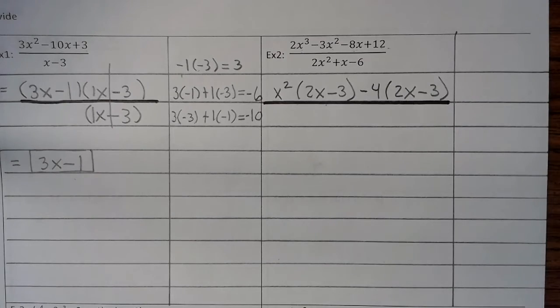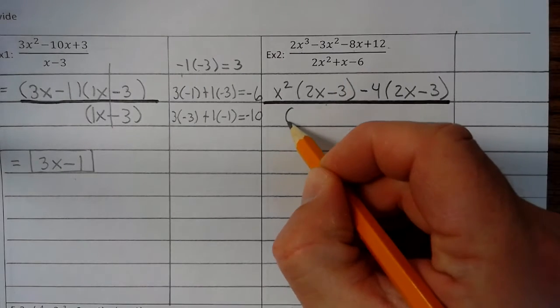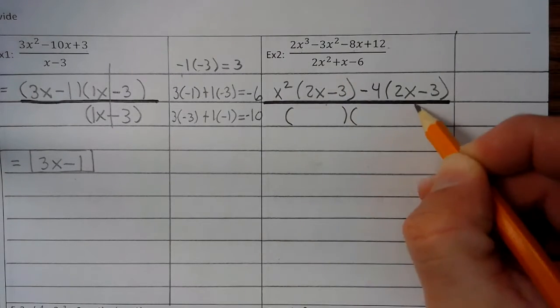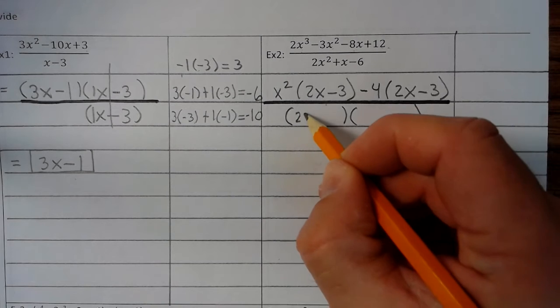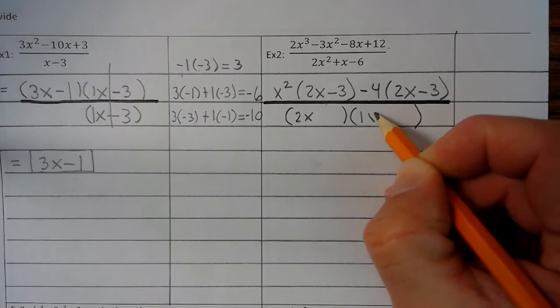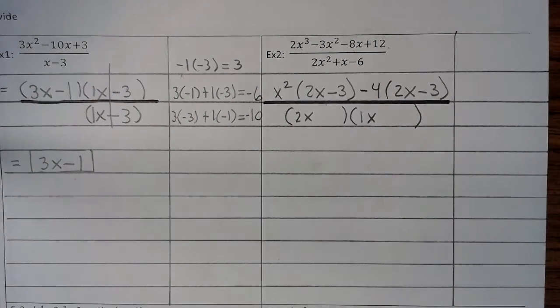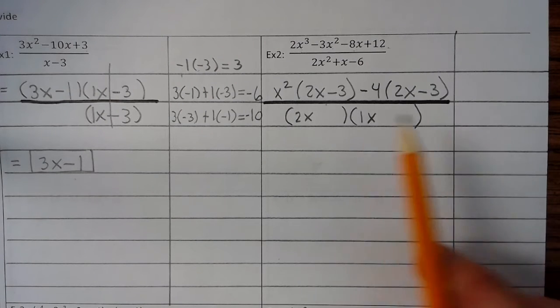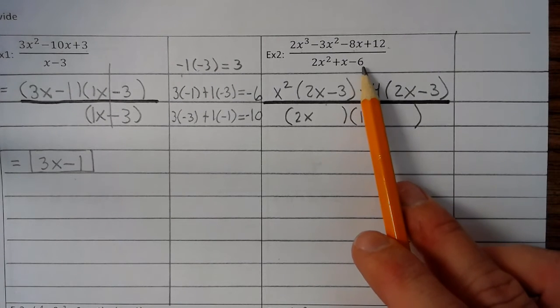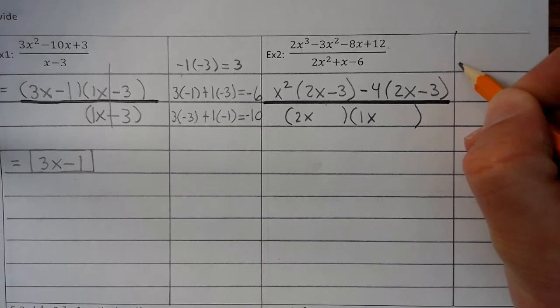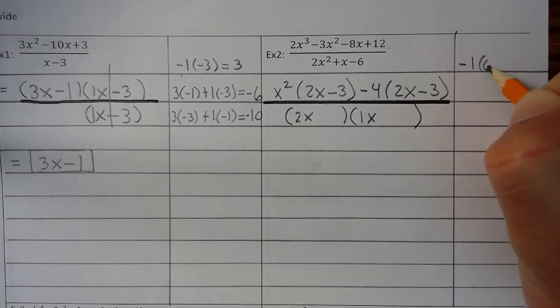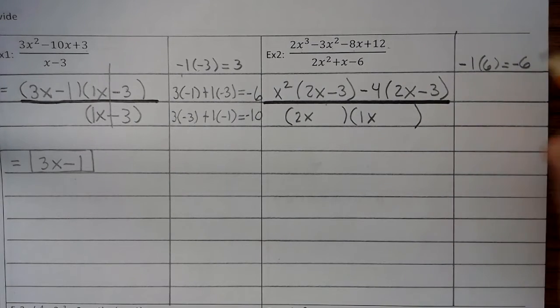All right. Now denominator, we know two parentheses. Now to make 2x squared, we know that's 2x and 1x. Now we need to find out what combinations make negative 6. Well, we know negative 1 times 6 is negative 6.